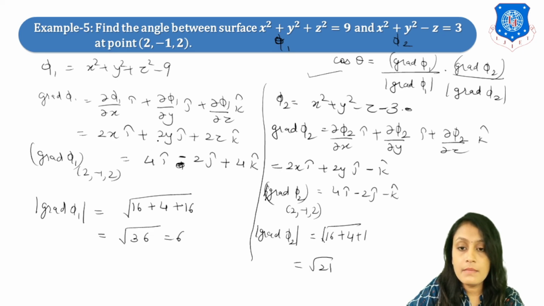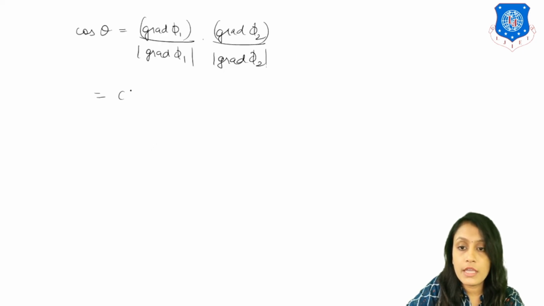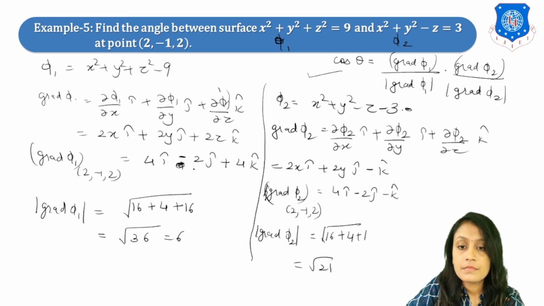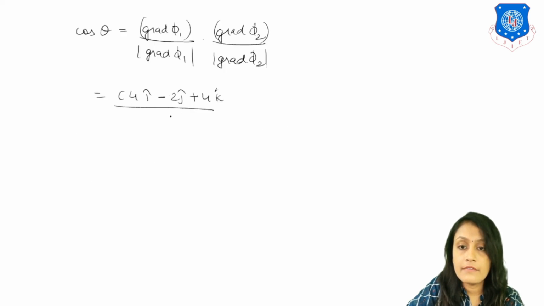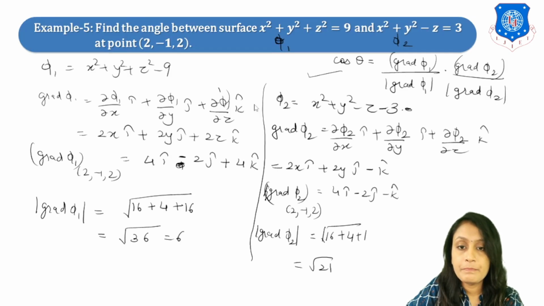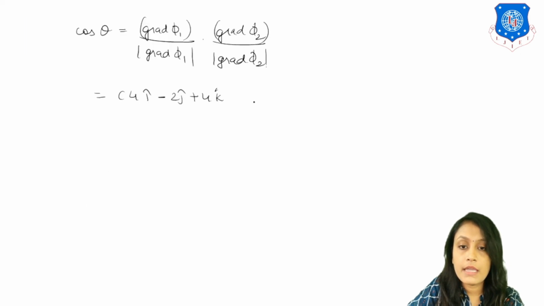That is 4i minus 2j plus 4k, and its magnitude is 6. So here we have 6. What is grad phi 2? Grad phi 2 is 4i minus 2j minus k, and its magnitude is under root 21.